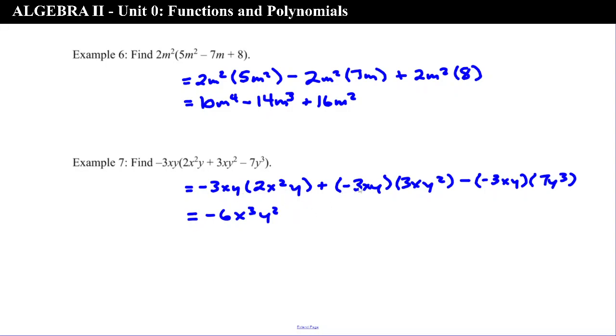The next one, we end up with negative 3 times 3, which is negative 9, x times x, which is x squared, and y times y squared, which is y cubed. And then in our last term, we have a negative times a negative, so that's going to give us a positive. 3 times 7 is 21. We have an x, and then y times y to the third is y to the fourth. And that is our final answer.